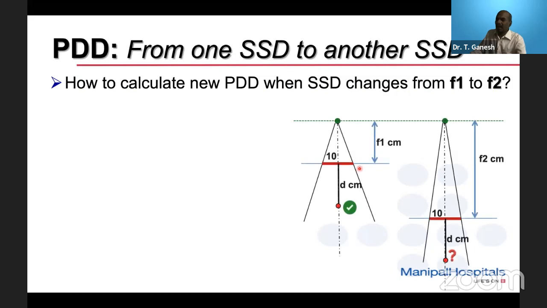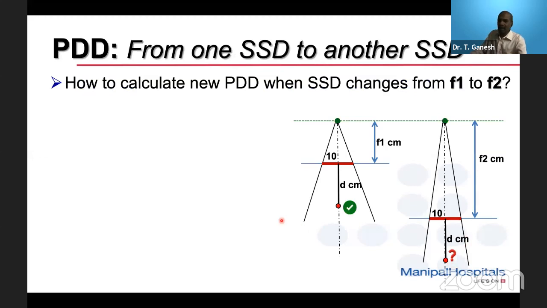For F1, we know the PDD at this depth d centimeter, and we want to treat the patient at the new SSD F2, at the same depth and same field size. Like a 10 by 10 field size treated at, say, 100 centimeter, we want to treat the patient at 150 centimeter. So what is the new PDD?